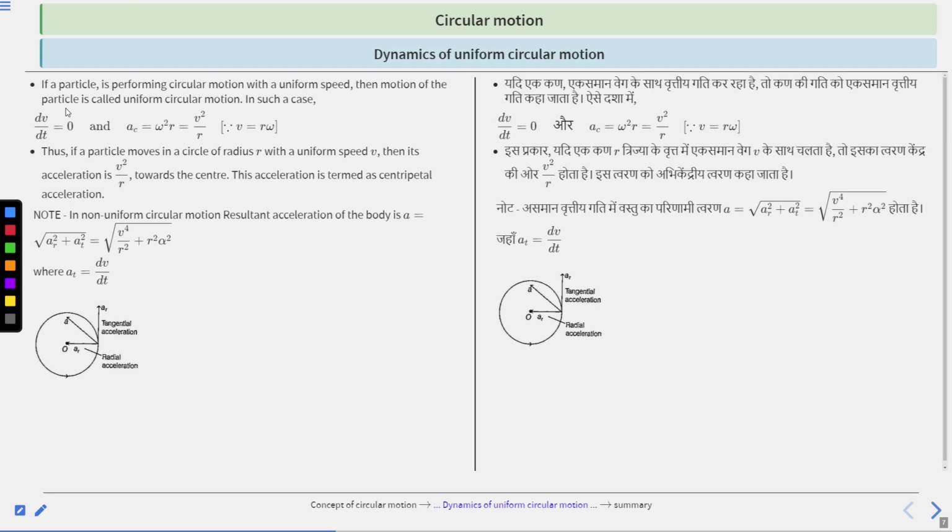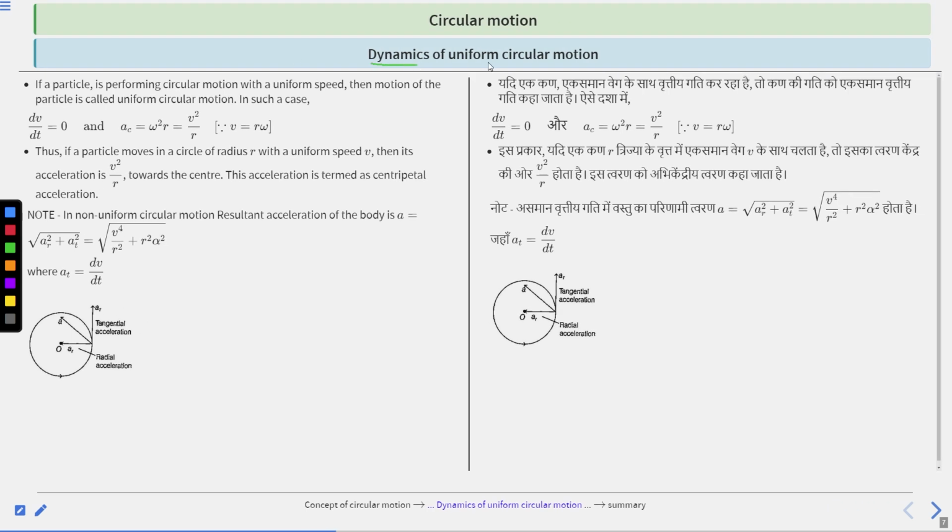Next is dynamics of uniform circular motion. Clear? So if a particle is performing circular motion with a uniform speed, then the motion of the particle is called uniform circular motion. We already learned in the first slide.